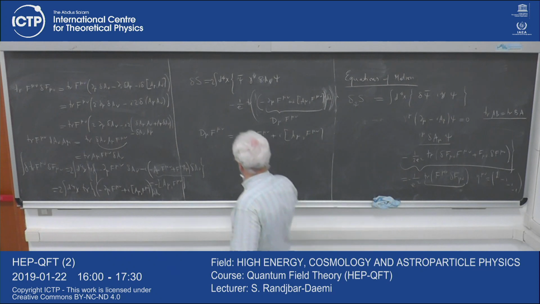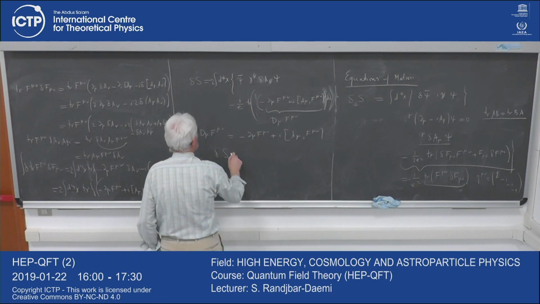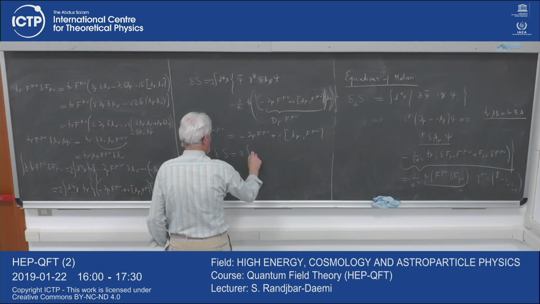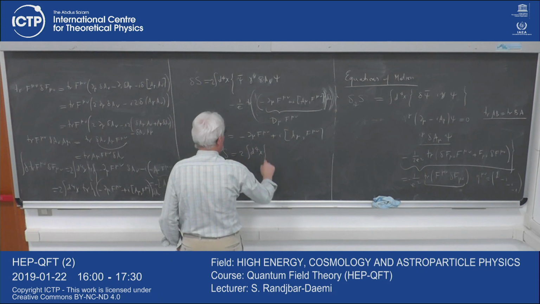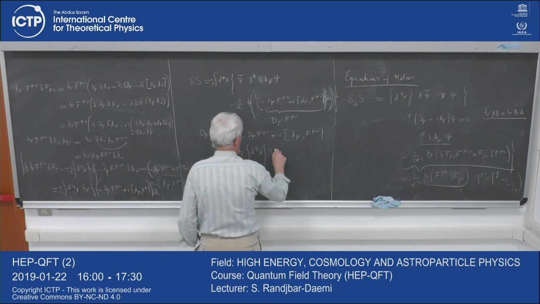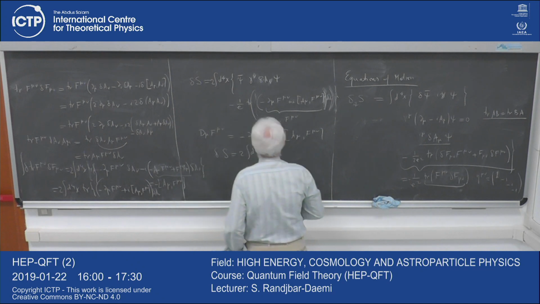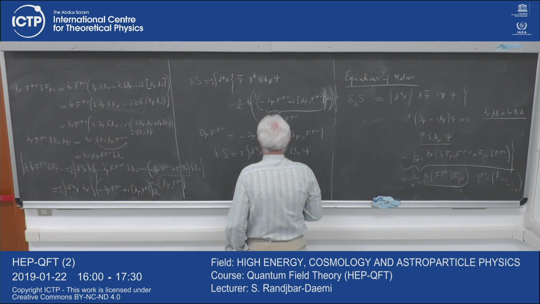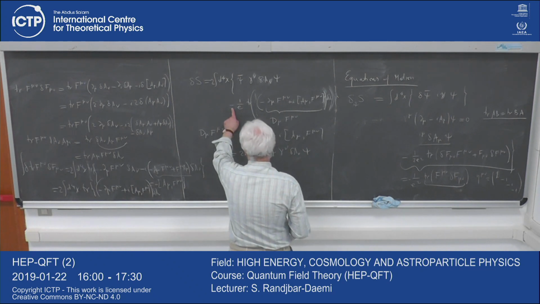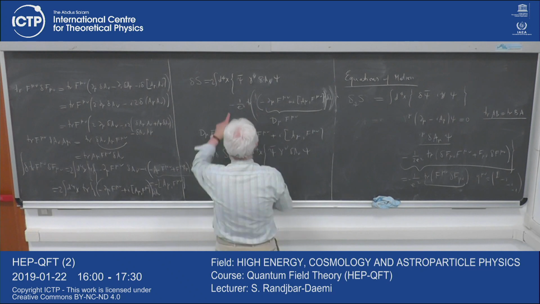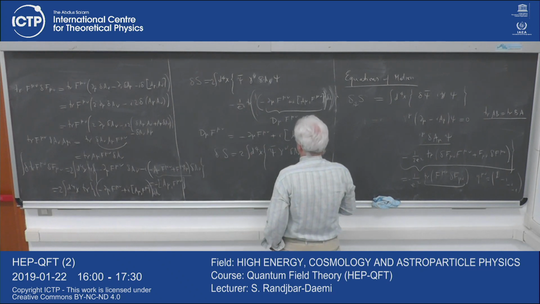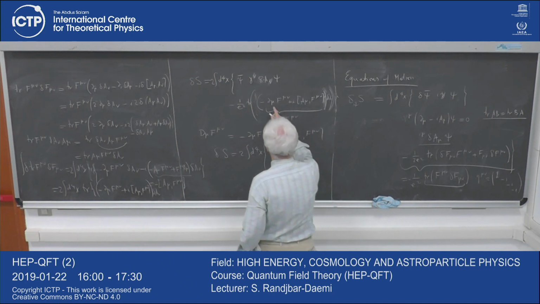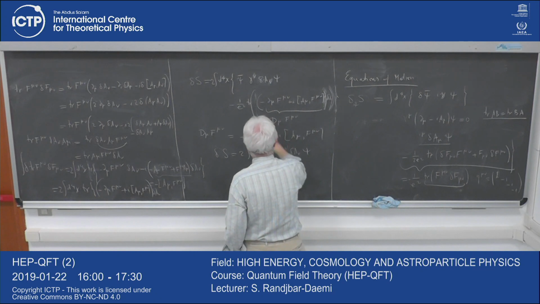So, one more line. Let's also multiply this minus inside. So this I should have called minus D mu.